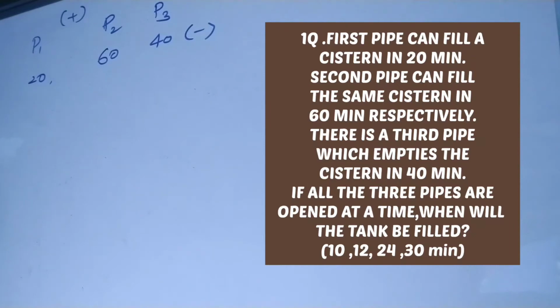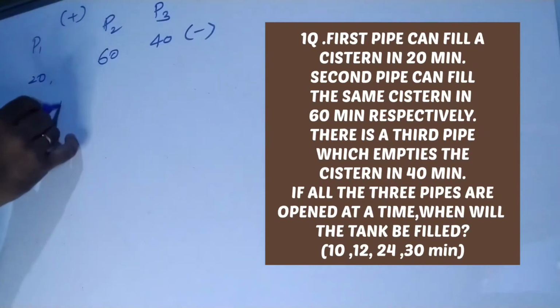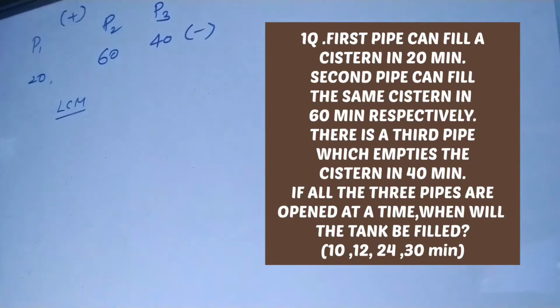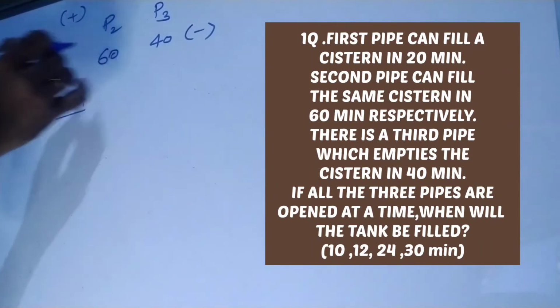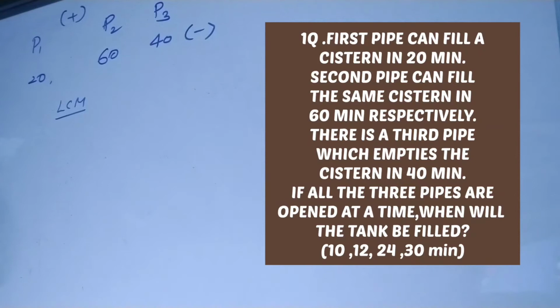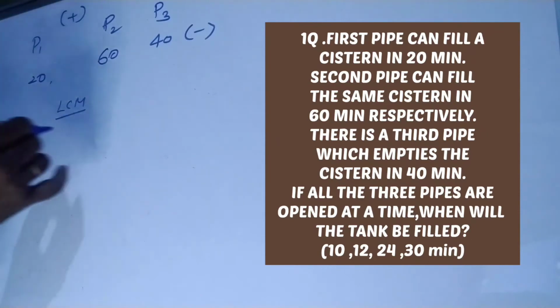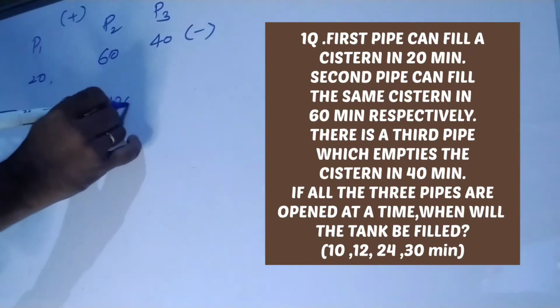Now all the 3 pipes are open at a time when the tank is filled. So the best method is to take the LCM. If you take the LCM of 60, 40 and 20, it is 120.